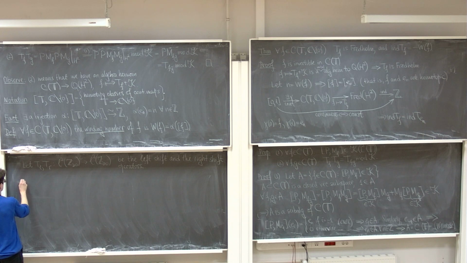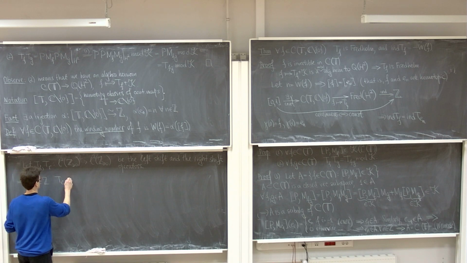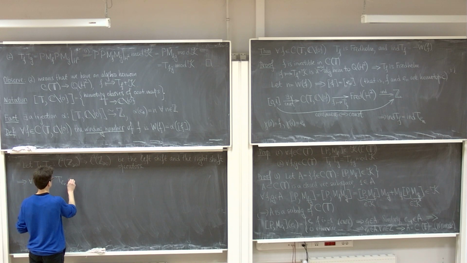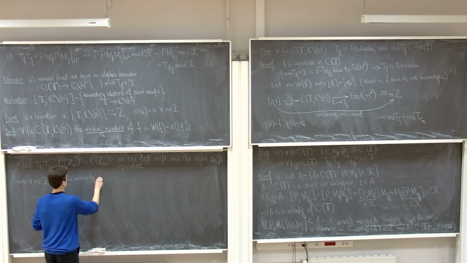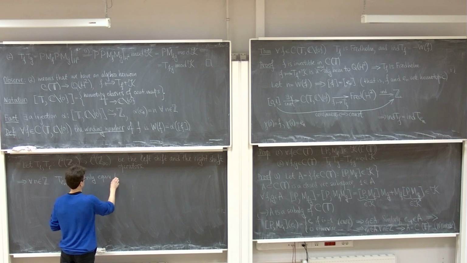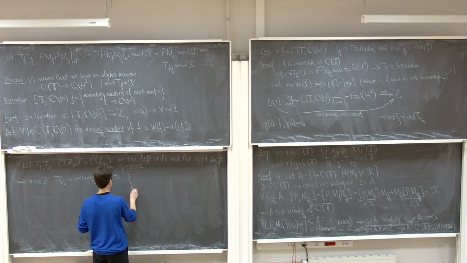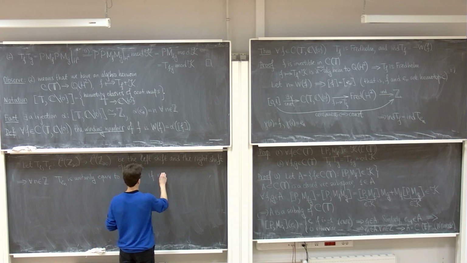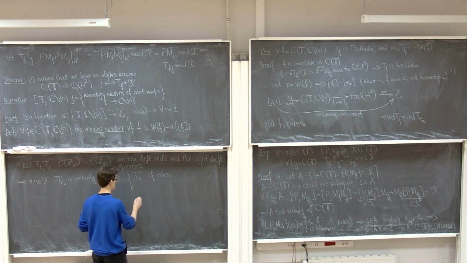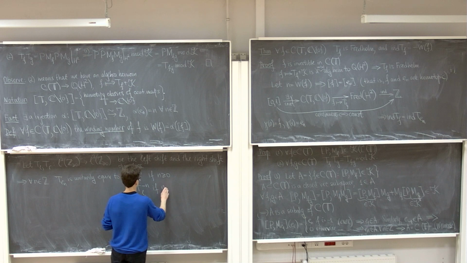I claim that for each integer n, the operator T_n on the Hardy space is unitarily equivalent to T_r to the power n if n is greater than or equal to 0, and to T_l to the power minus n if n is negative.